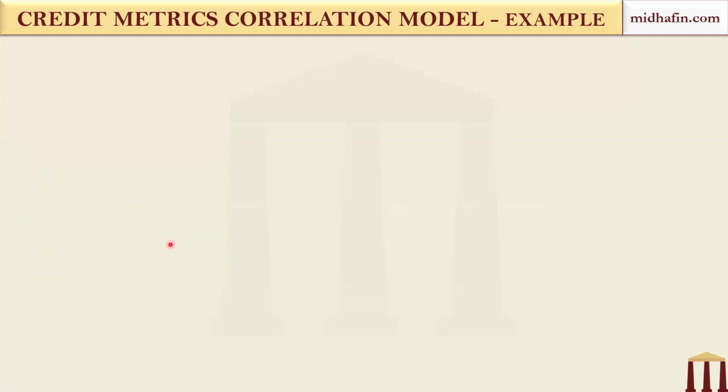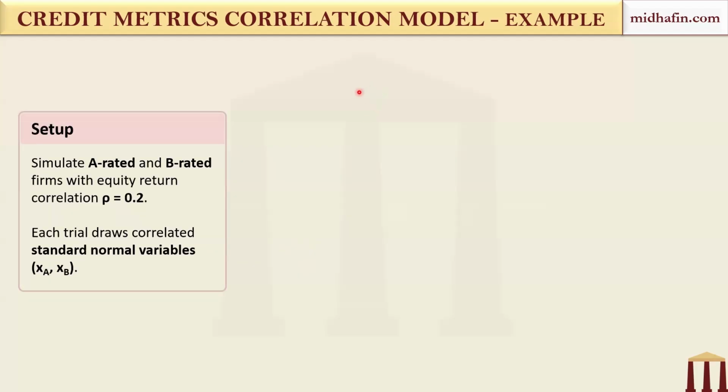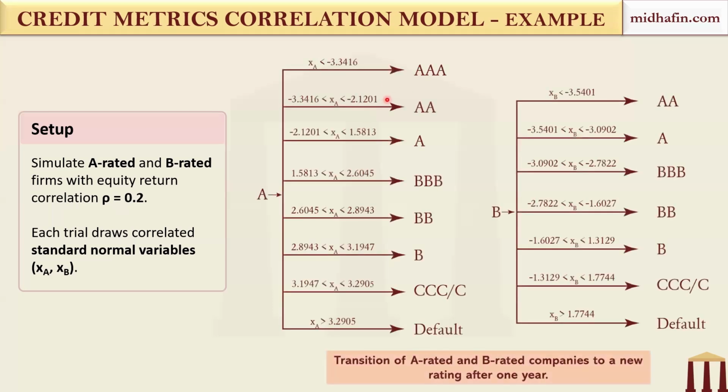To use the probabilities that we have seen earlier in a simulation, we will convert them into cumulative probabilities, and then translate them into standard normal cutoffs using the inverse of the normal CDF function, N inverse, if you remember. So I'll give you the entire set of figures over here, along with the changes that you can see for both the firms together, and then we'll analyze one by one.